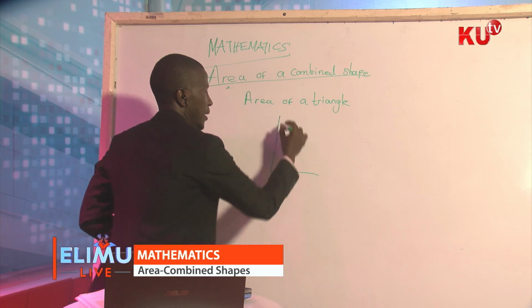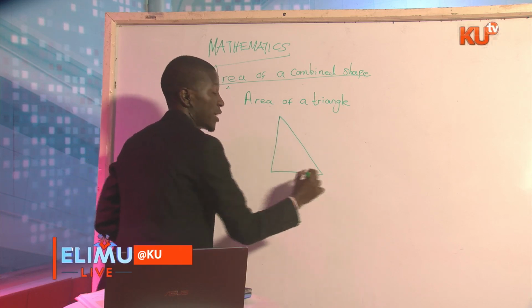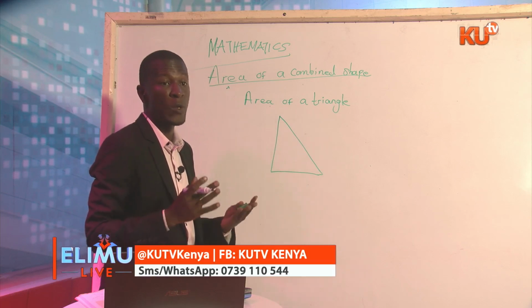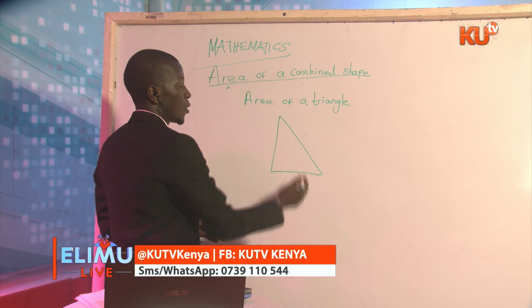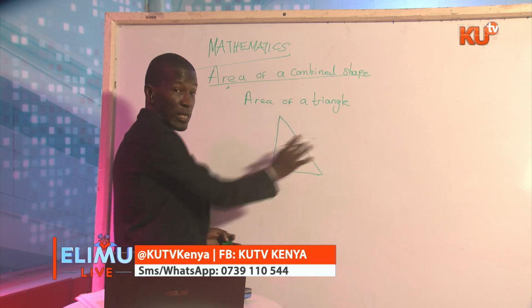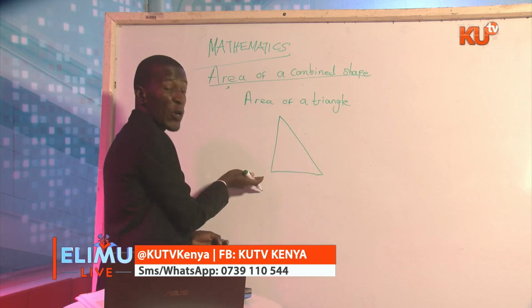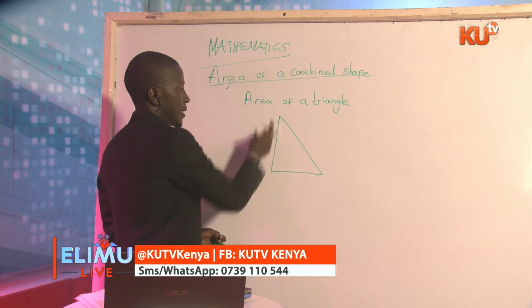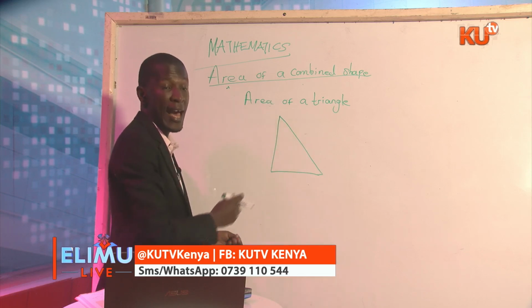And it is always like this, but we have different types of triangles, which I want to believe next time we can look into them. So this side, which is the longest side, we call it hypotenuse. This line down here, or this side down here, we call it base. This line here, we call it height.